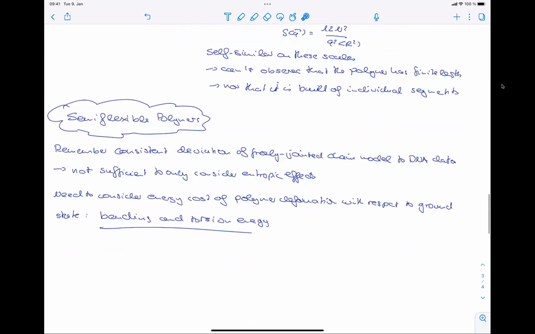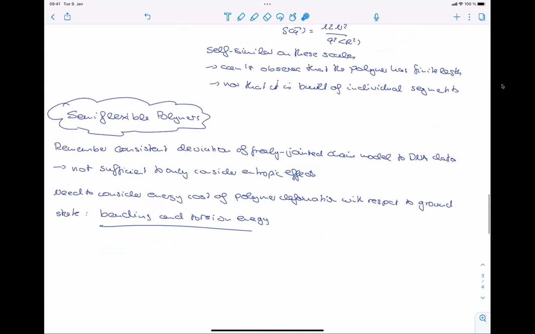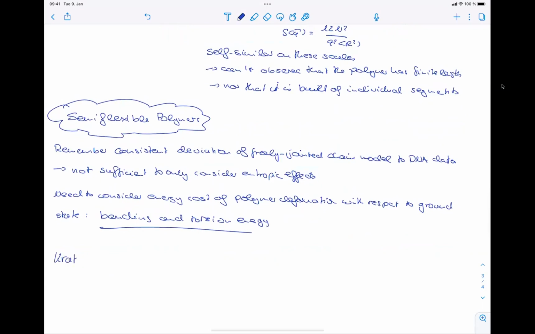So to first start with the setup of how to consider bending energy, let's start with the Kratky-Porod model, the worm-like chain model following from it.